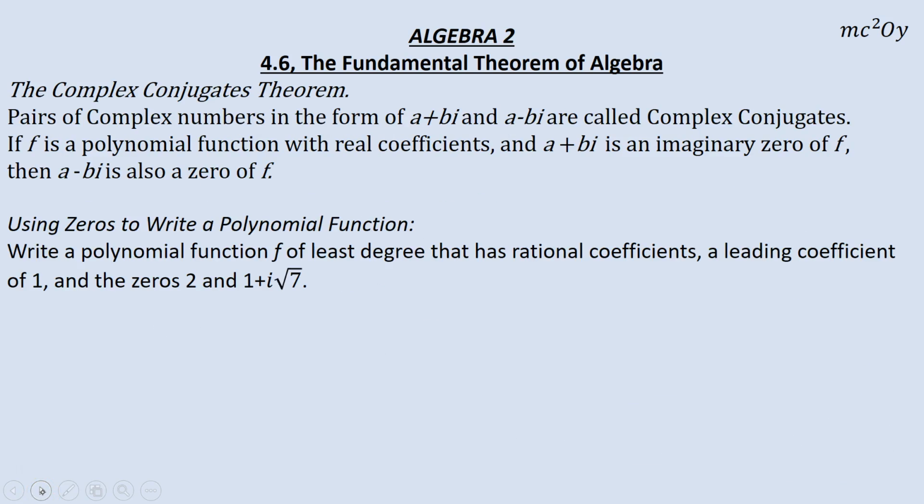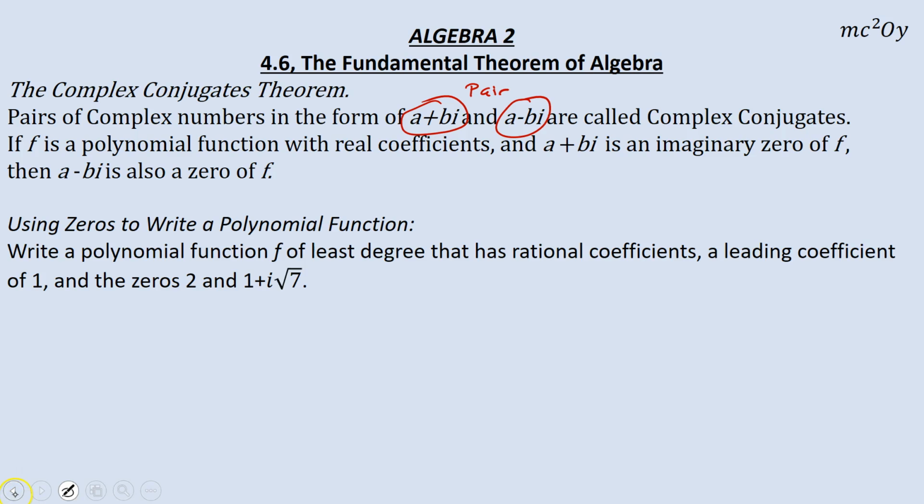One other thing that's helpful is to understand the complex conjugates theorem. This just says that if you have a pair of complex numbers in the form a plus bi and a minus bi, it's a pair. They come together; they're called complex conjugates.